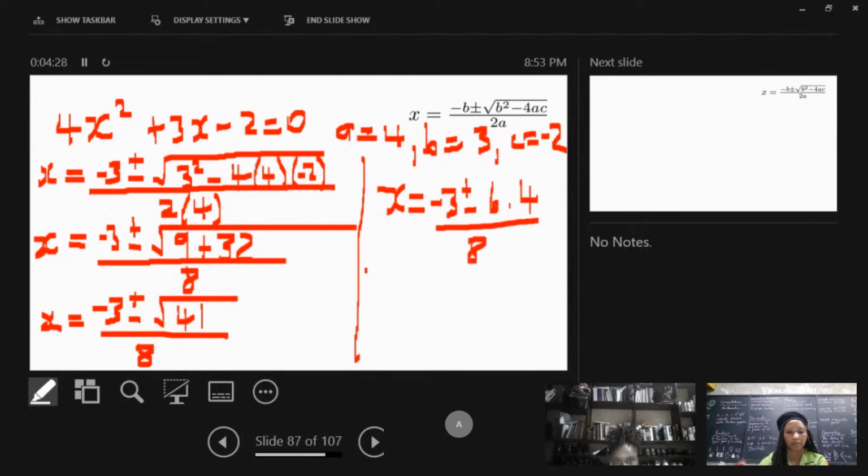And so now we're going to have two different x's.